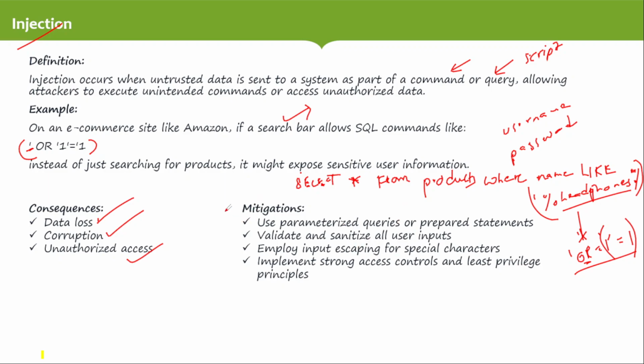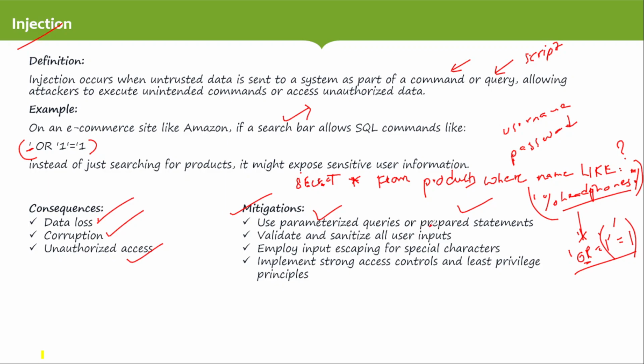So for mitigations, we need to use parameterized queries or prepared statements. What does that mean? Instead of putting the search input directly into the statement, we need to pass it as a parameter first. Here we can give a question mark in the code.